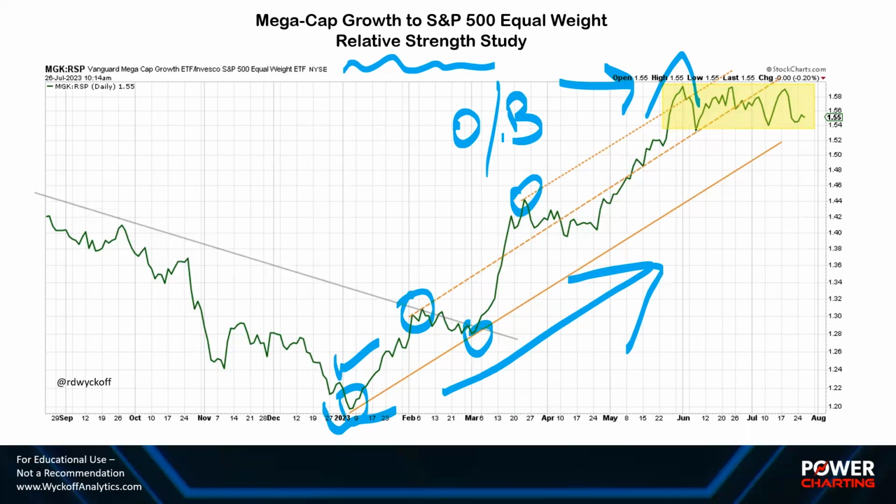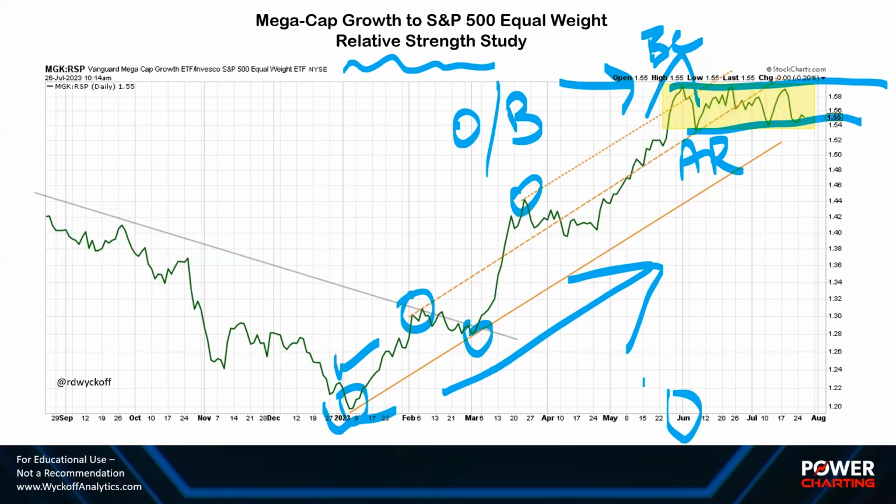This is exhaustion. It's a form of a climax. It stops the upward trend. We call this a buying climax. And then we get what we call an automatic reaction. And that sets a range bound condition for, in this case, the MGK in relation to the S&P 500 equal weight. And so we see now that since the beginning of June, the mega caps are no longer outperforming.